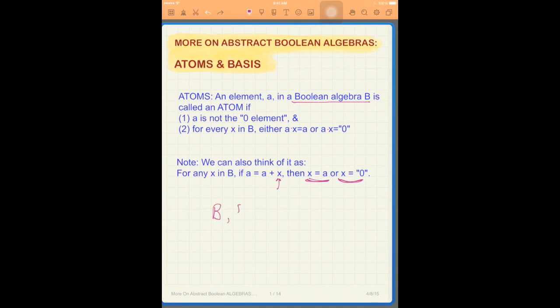And then you have some defined addition, multiplication, and complementation. Those are defined on that set, and they have to satisfy the axioms that we talked about in the other video. That means they also have to have a 0 element and a 1 element. If they do satisfy, then it's an algebraic structure. It follows all the rules, so we can call it an algebra.